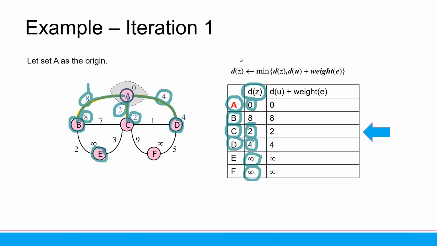So this is the first step. From this one, I can go to the next possible node for the shortest path. What is the shortest one? We have 8, 2, and 4. So the shortest one will be this C. So I will select the next node, C.